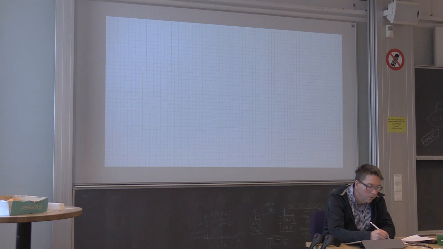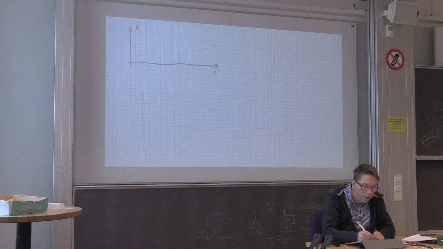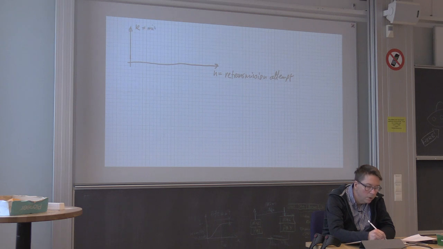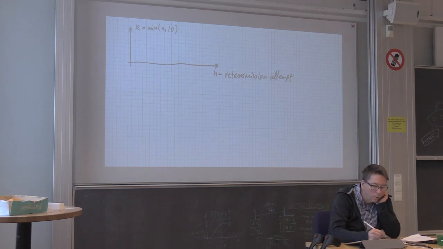So let's draw what k can be as a function of n, the retransmission attempt. Then k is the minimum of n and 10. For n equals 0, k is equal to 0. It's not so important. But for n equals 1, k is equal to 1.